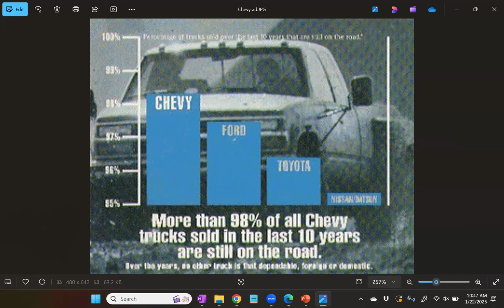The Chevy, 98%. If we have 100 trucks of each type, that's a 3-truck difference. Is that really all that much? No, it's really not. That's a small amount, but it makes it look huge. Okay, who knows trucks or cars at least a little bit? Brands. What is a big truck brand that's not listed?